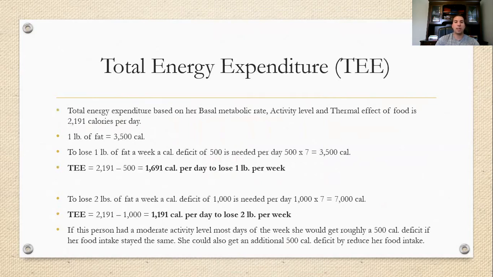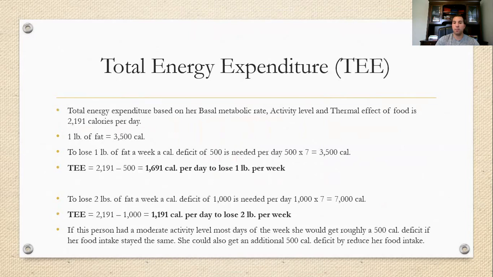So first of all, how many calories do we need to burn off to get a pound reduced? So 1 pound of fat, you want to burn 1 pound of fat, you've got to burn 3,500 calories. So we're going to touch on how we do that in a week. To lose 1 pound of fat in a week, we need a calorie deficit of 500 a day.